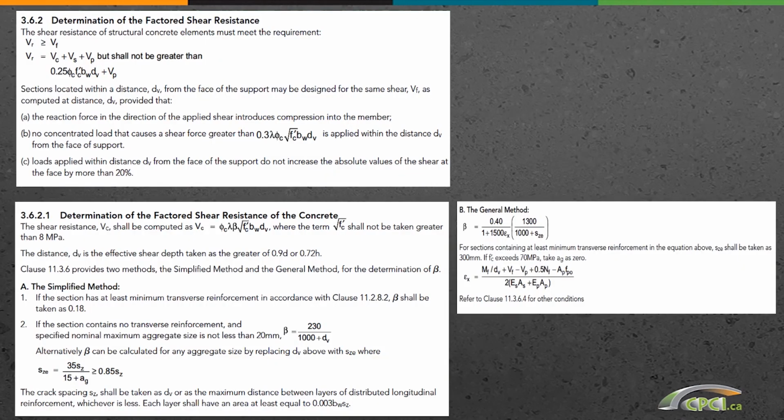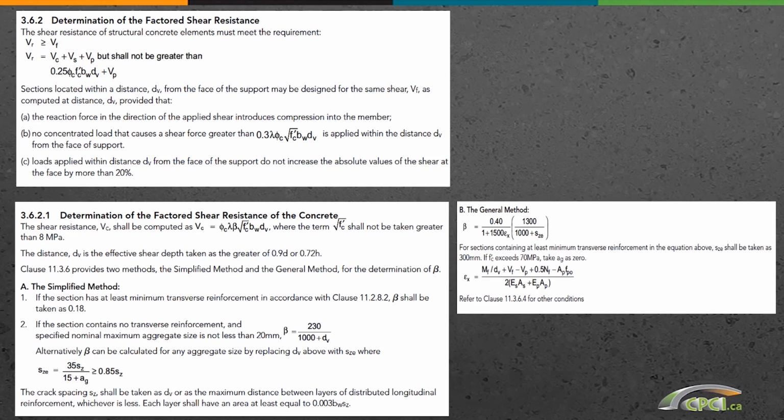Okay, essential formula: V sub R has to be equal to or lower than V sub F, if V sub C, if V sub S, if V sub P, and shall not be greater than this value here, including V sub P, of course. And essentially we calculate the factored shear resistance of the concrete, V sub C, which is this value here, again the same one like it used to be. And we have 2 methods of calculating beta.